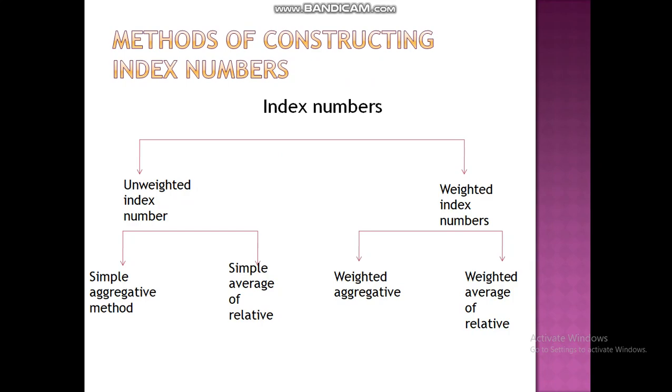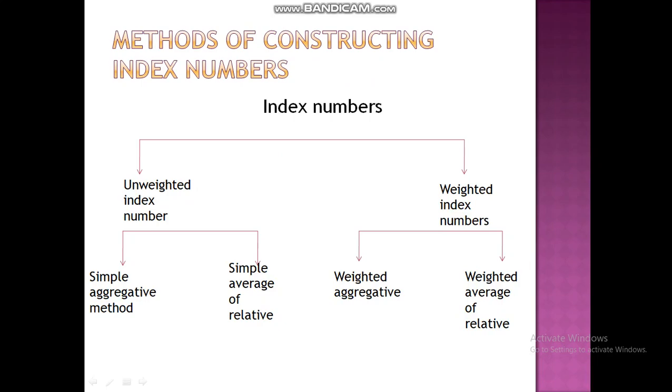But here I am explaining a general one. So there are two methods: unweighted index number and weighted index number. Basically, unweighted index numbers means there are no quantities involved. So only one factor will be considered in case of unweighted, whereas weighted index numbers means the quantity of production or consumption is also considered.